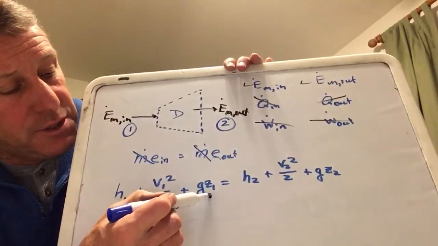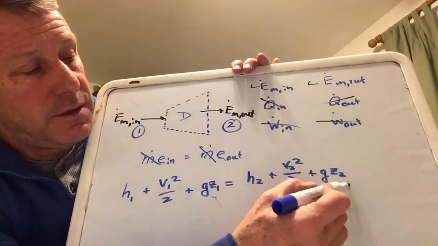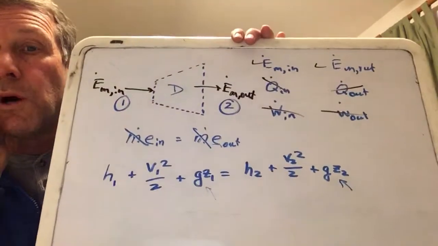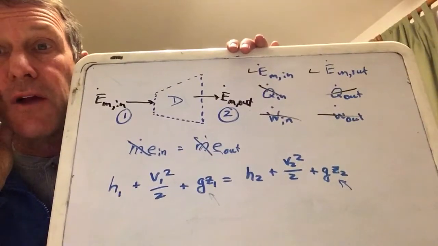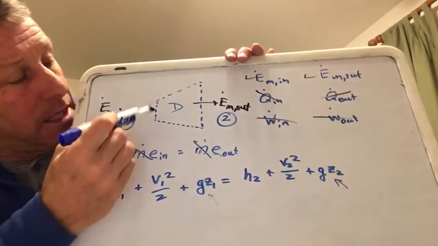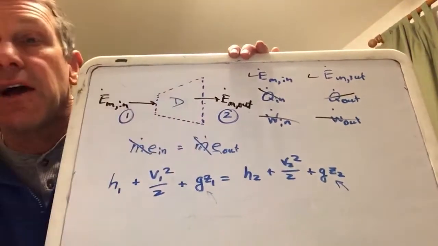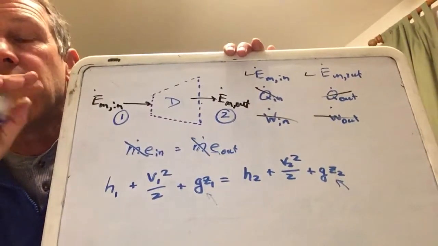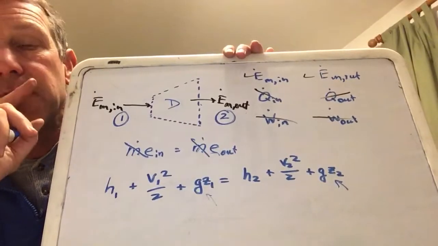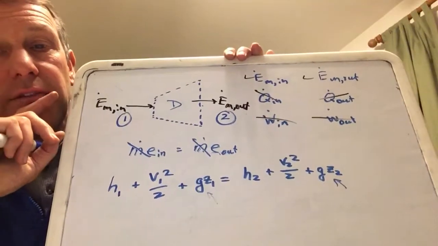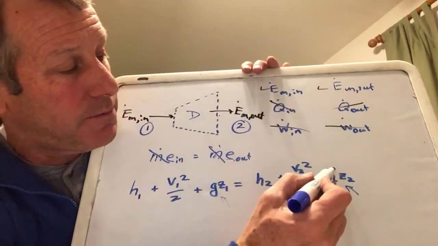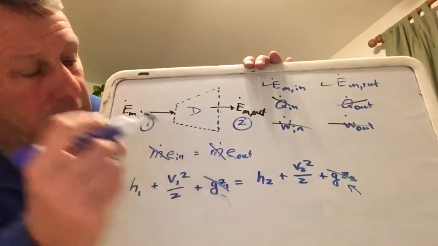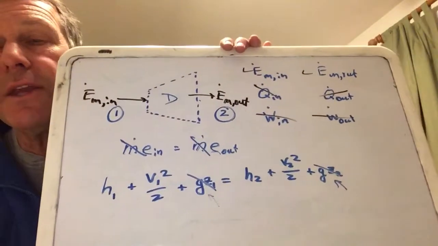Let's talk about the potential energy terms. If it's a plane, it's probably flying horizontally, so the level of this inlet and the level of this outlet are the same. Even if it weren't horizontal, the change in elevation is going to be very, very small. So we're going to be able to eliminate those. How about the enthalpy terms?